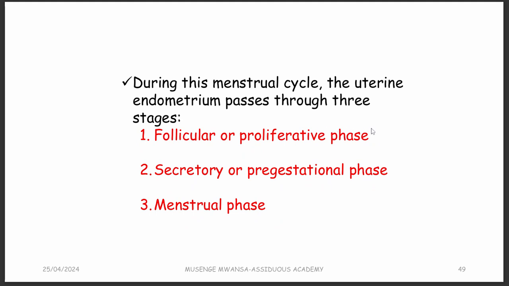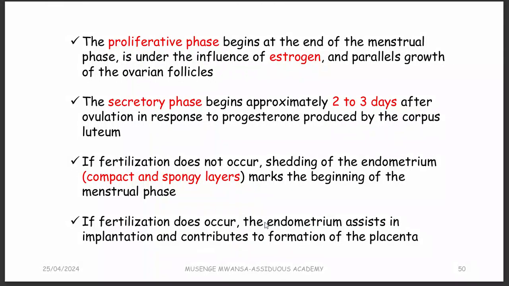So you already know the phases that happen to the uterus during the menstrual cycle. You have got the follicular or the proliferative phase, the secretory or progestational phase, because it's before pregnancy, or the menstrual phase. We already talked about all these phases during the menstrual cycle.